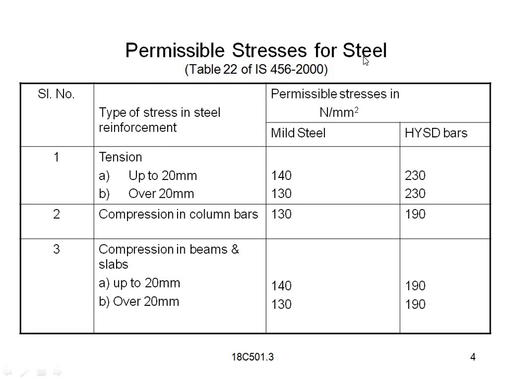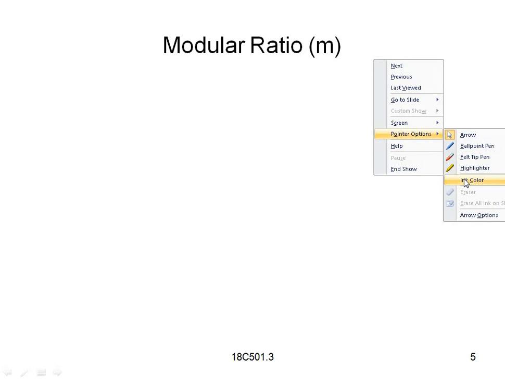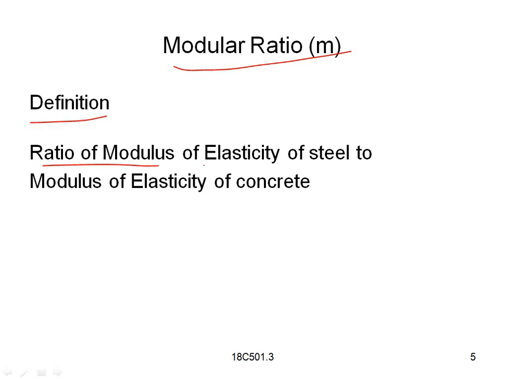So we have seen the permissible stresses for steel. Now let us see the modular ratio m. What is the definition of modular ratio? It is the ratio of modulus of elasticity of steel to modulus of elasticity of concrete.